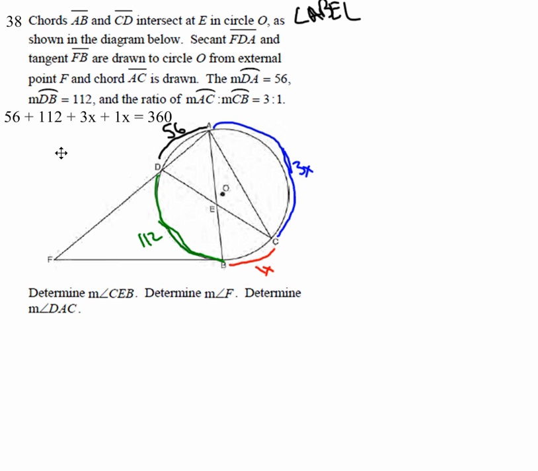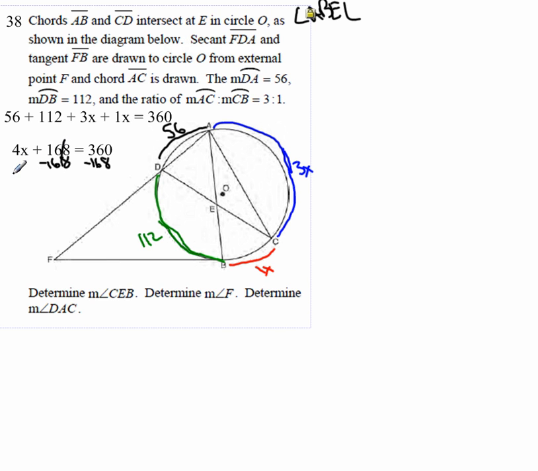Okay, so you're going to combine your like terms to solve for x, right? Because 56 plus 112 plus 1x plus 3x is going to give you 360. So combine the like terms, you get 4x plus 168 equals 360, right? 56 plus 112, that's 168. 3x plus 1x, that's 4x. And we're going to move that 168 over to the other side to get x by itself.